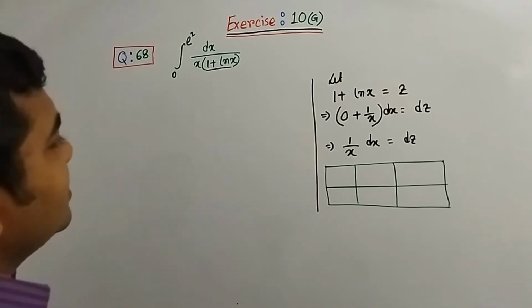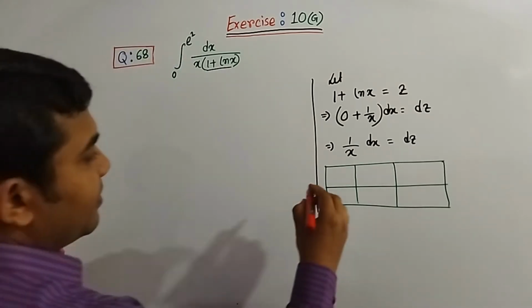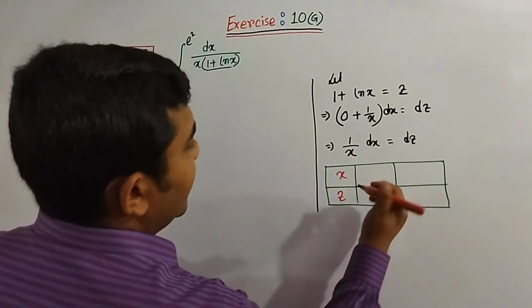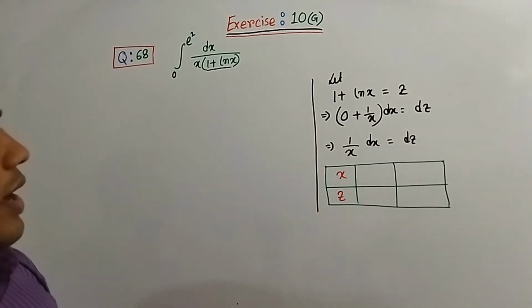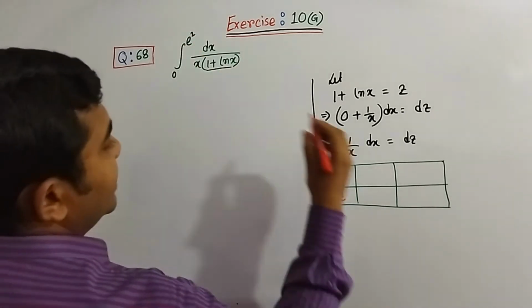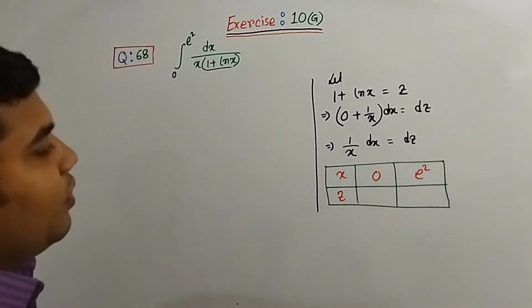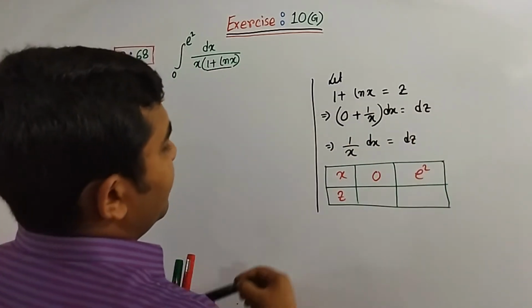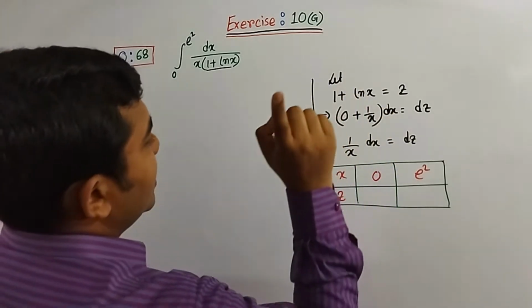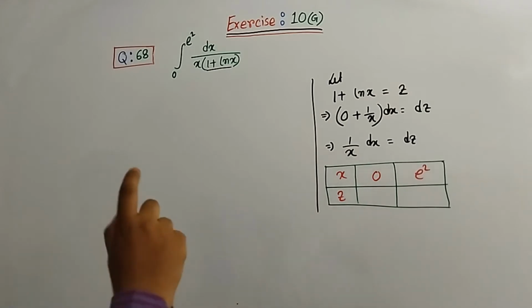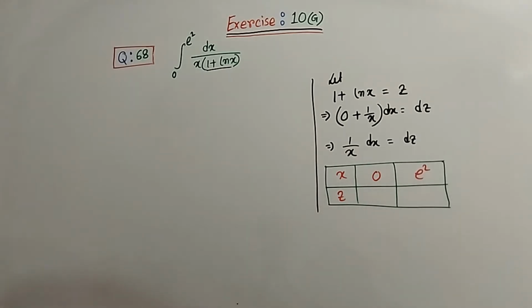For x we have two values already, and for z we will get the output of those two values. The value of x was 0 and e square, and if we put the value of x as 0, then we can understand very clearly that 1 plus ln 0 is nothing but 1, isn't it?